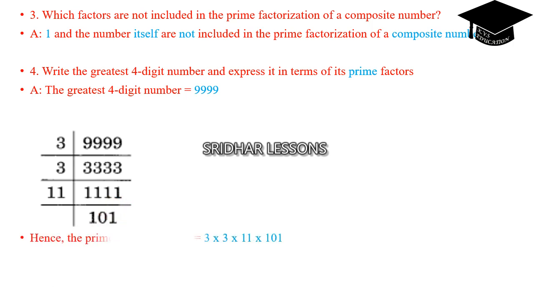So the prime factors of 9999 are 3 into 3 into 11 into 101.